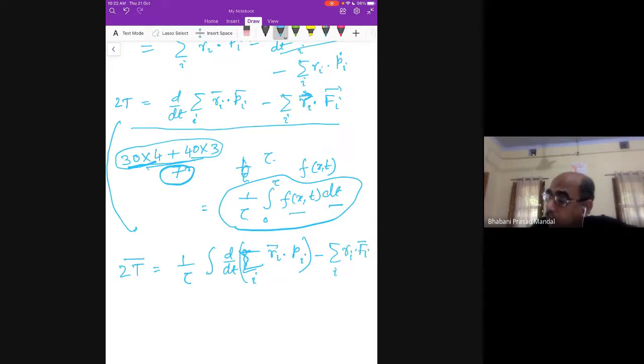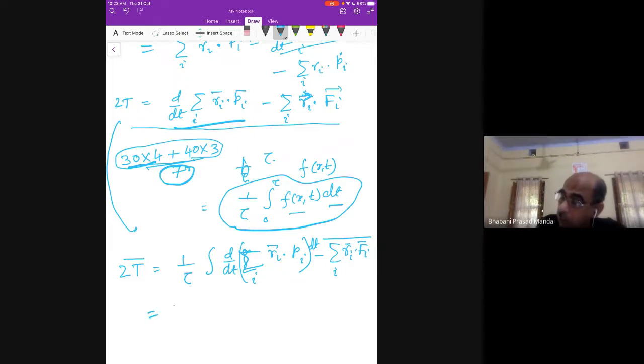Only in this term can I perform the integration because it is a total derivative. But for this term and this term I put a bar because I cannot make any simplification.